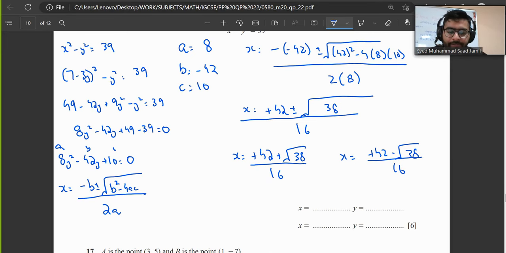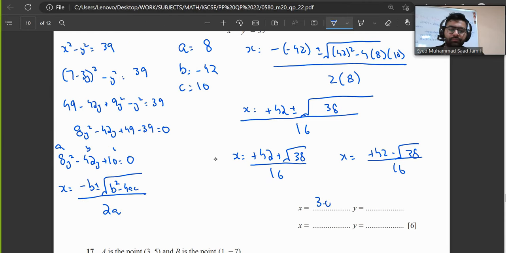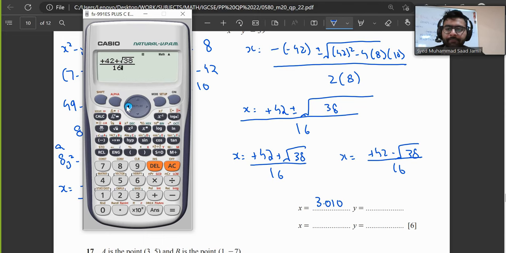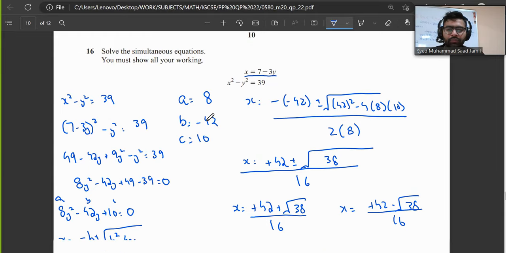So plus 42 plus under root 38 upon 16, that is going to be 3.010, and the next one is going to be 2.2397. Plug these values to find y.